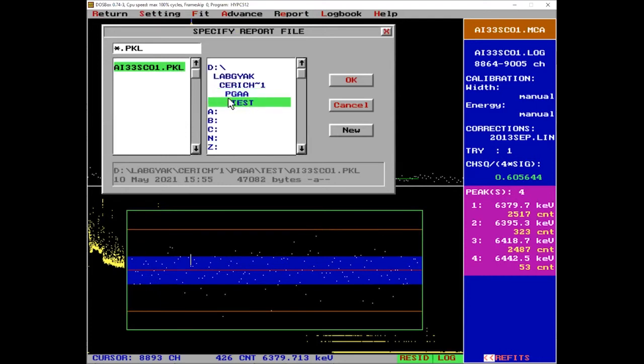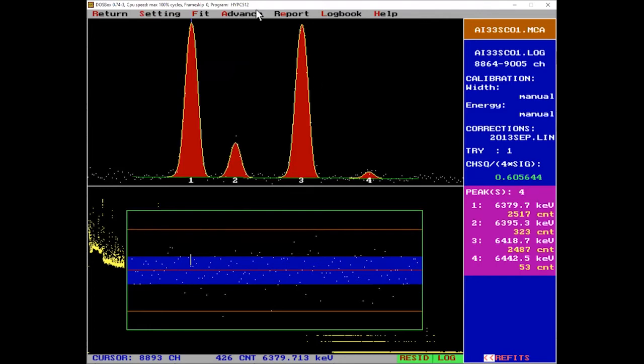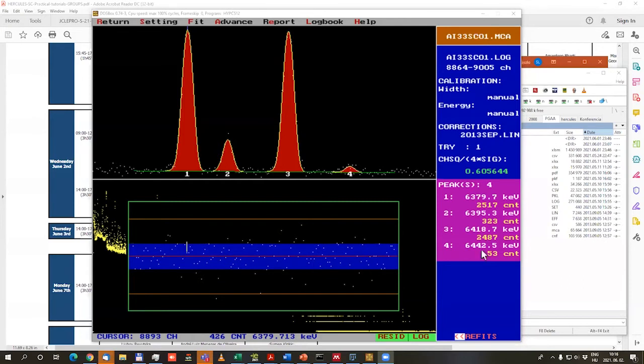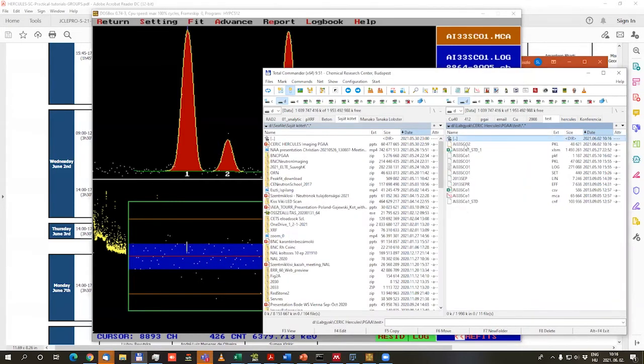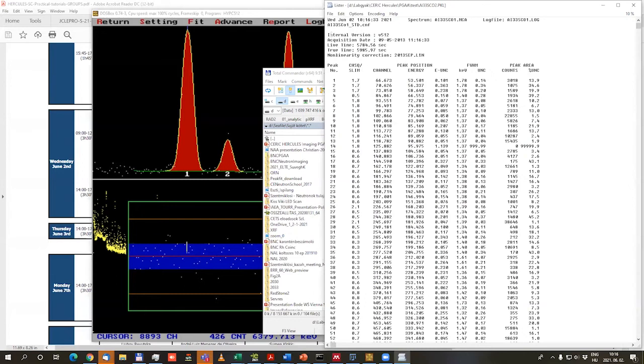and then we place it over here. So this is a file where we have a header like acquisition date, lifetime.